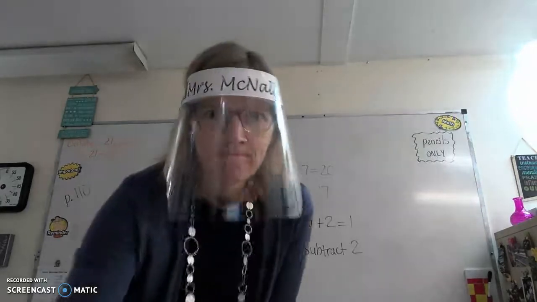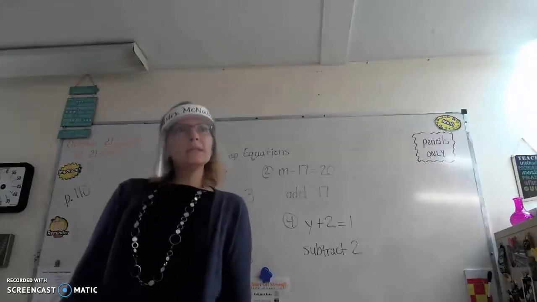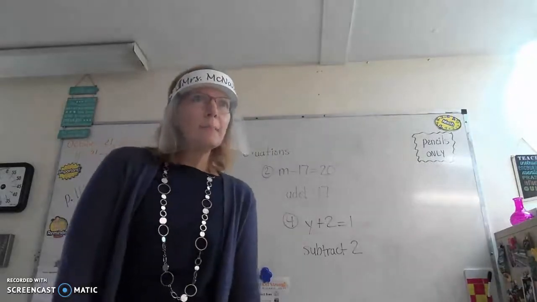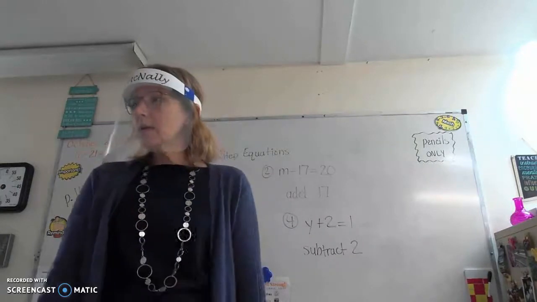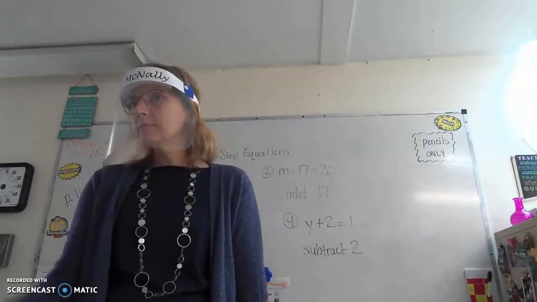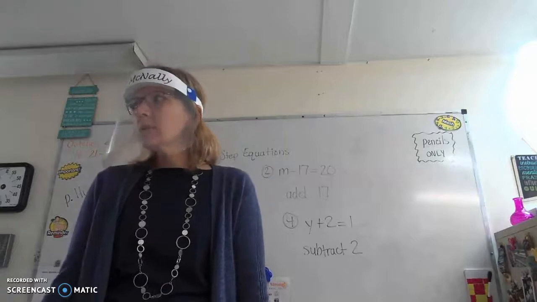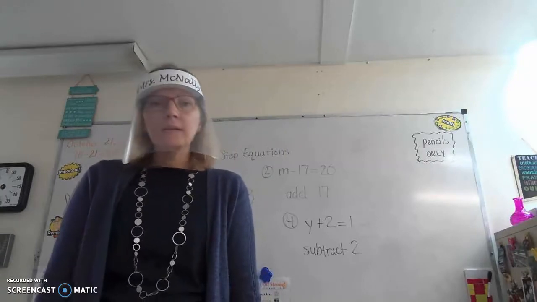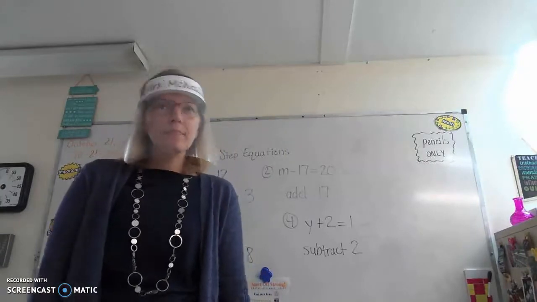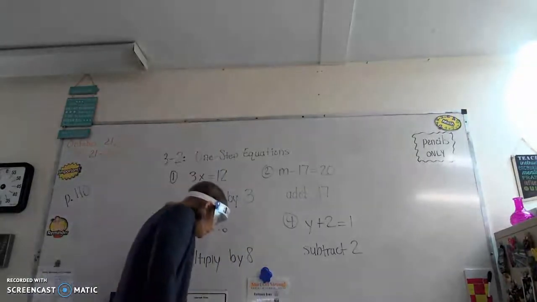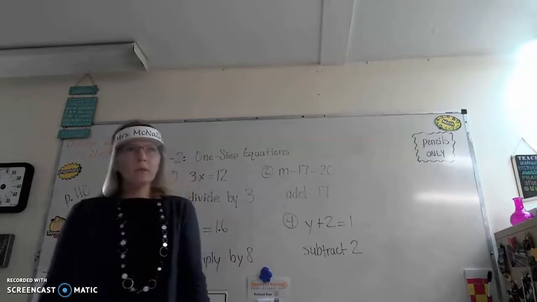Okay, so now that everyone has their books, number 5, what are you going to do to solve that one? We're going to subtract 3. Yes, you're going to subtract 3 to solve that one.